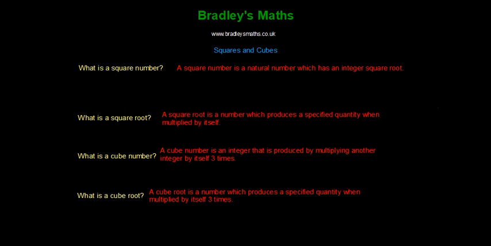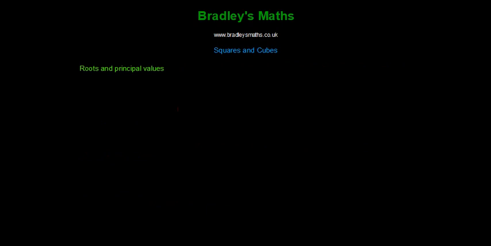Let's move on to roots and principal values. 6 times 6 equals 36. So it's fairly reasonable to say that the square root of 36 equals 6. And this is true.